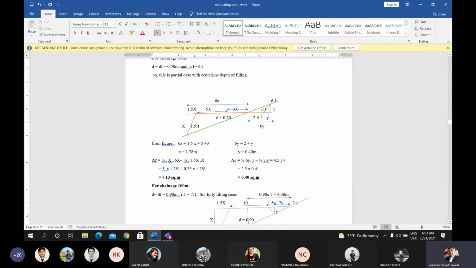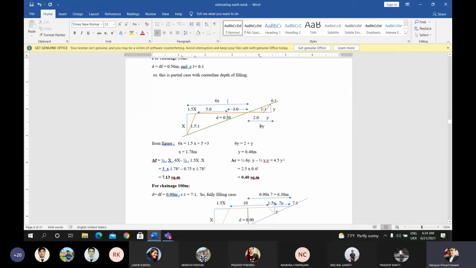For the cutting slope of 1 is to 1, the horizontal distance for this small triangle base will be 1 into y, and this value will be y. Okay. Now for the small triangle, 6y is equal to 2 plus y. Okay, 6y is equal to 2 plus y. The y value will be 0.40 here.